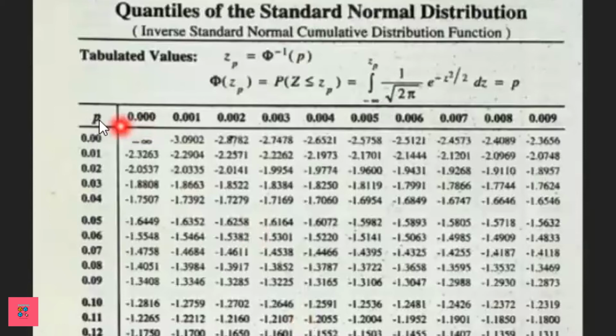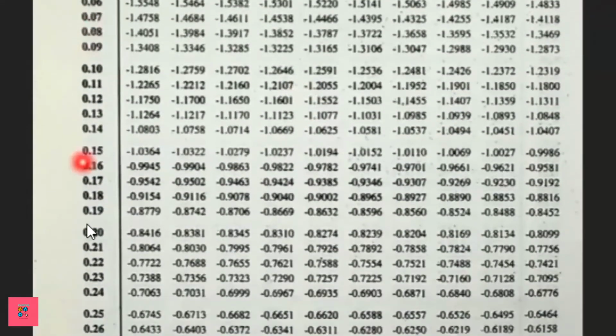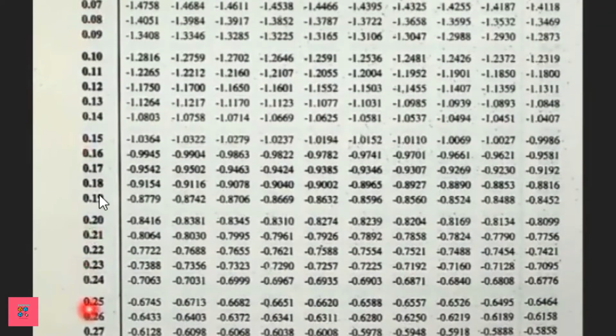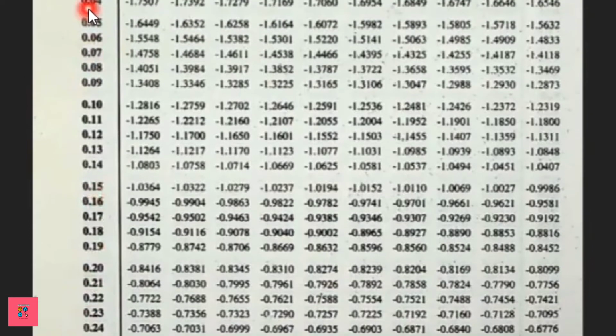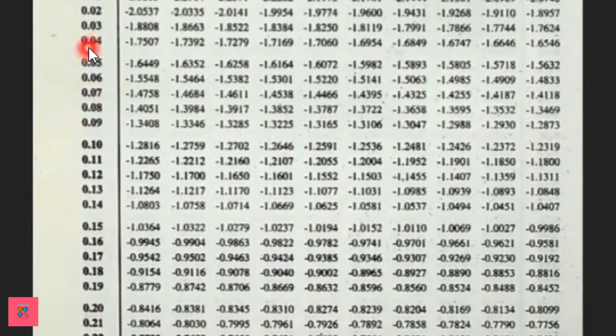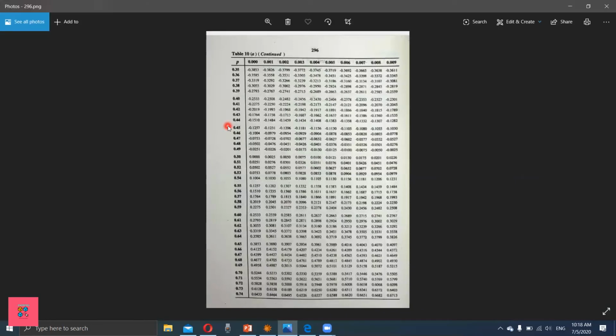This is the table. Probability is here in the column. You can see 0.75 in this, but it's not on this page, so come to the next page. I think in the last row we will have the value, no, this is 0.74. Come to the next page.